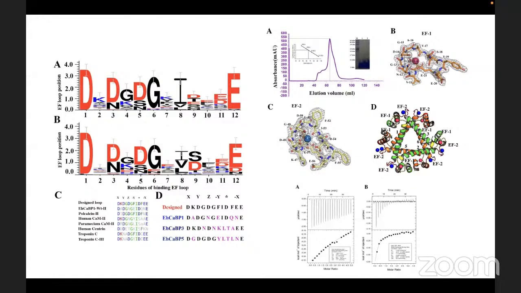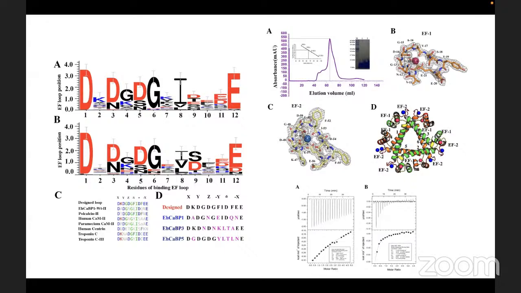So our hypothesis was that if we change these positions that you see here in the D panel on the left side of the image, this is the designed one: DK, DG, DG, FI, D, FEE. So D is aspartate, and this aspartate is kept as it is at the first position, and then alanine is changed into lysine, and similarly there are other mutations where phenylalanine is added.